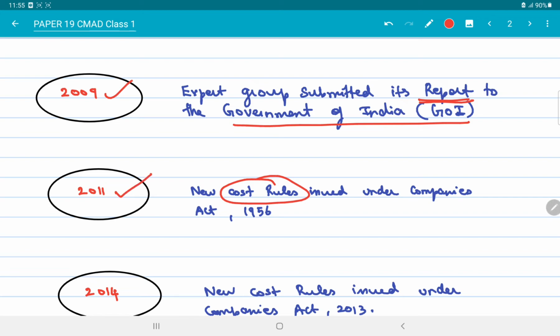So in 2011 cost rules were set up under Companies Act 1956.